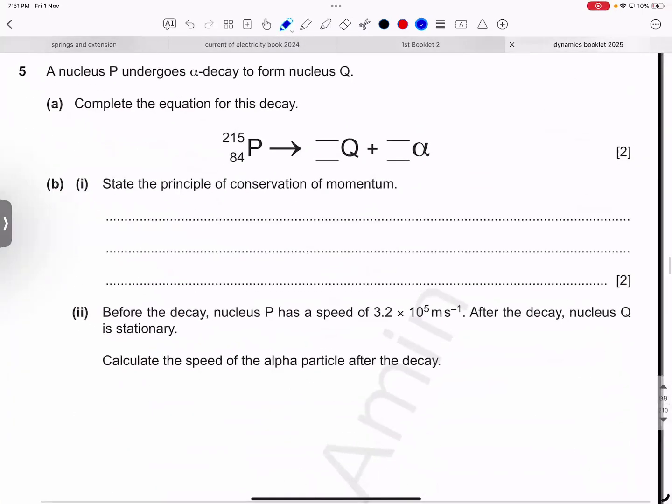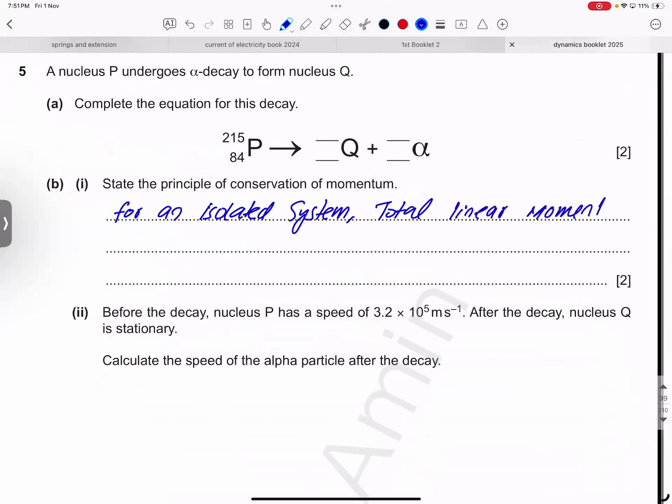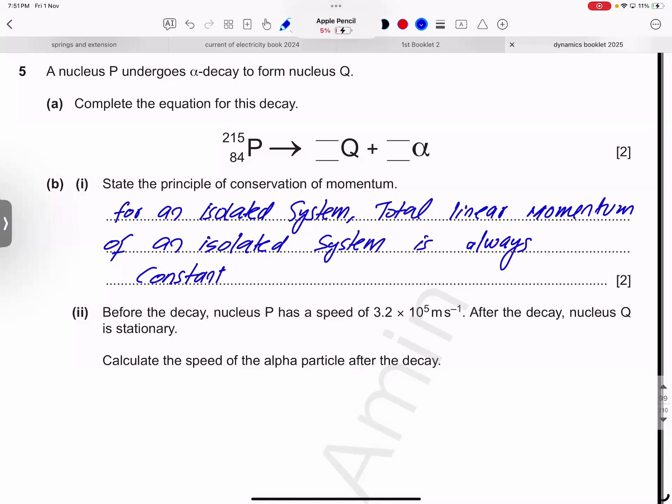Question number 5. Although we solved this question before, let's enhance your concept. State the principle of conservation of momentum. The total linear momentum of an isolated system is always constant.